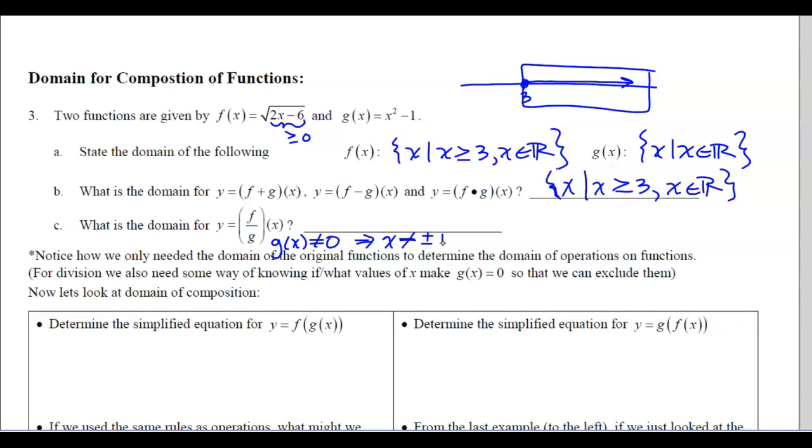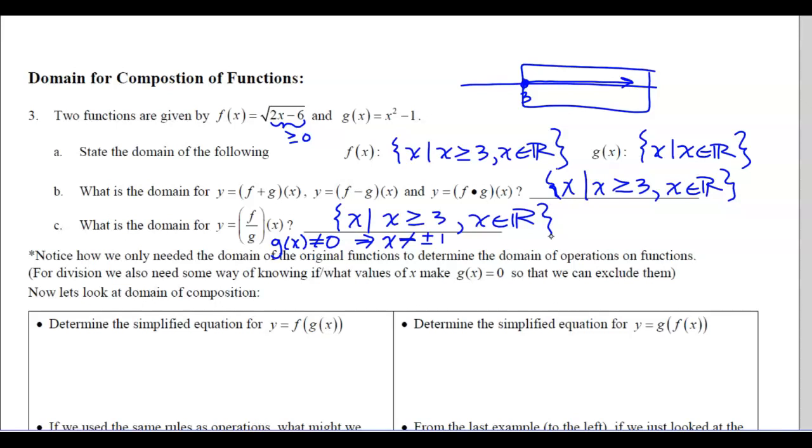No, so it stays the same. If this is the domain of all of the operations, our base domain, then for division we have to look at the denominator. In this domain, we're never going to get those anyway, so it's never going to be 0 in the denominator. So it stays the same. You do have to check.